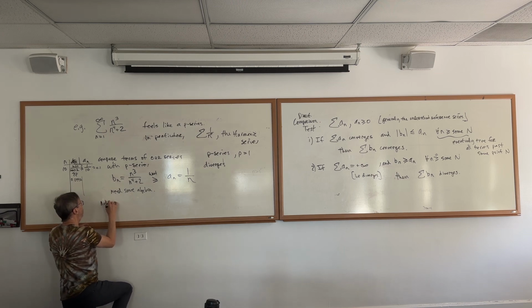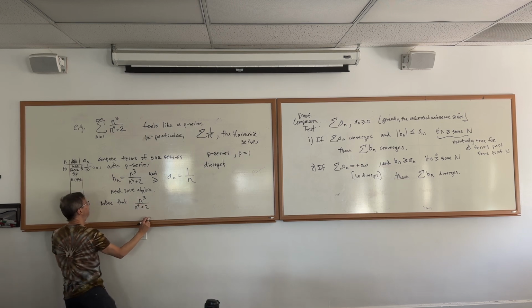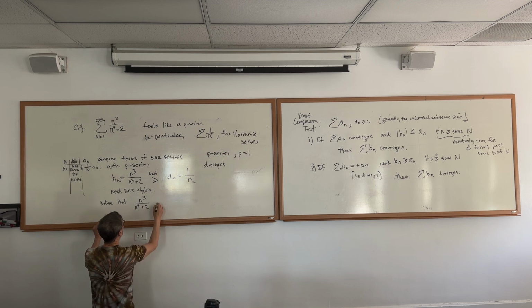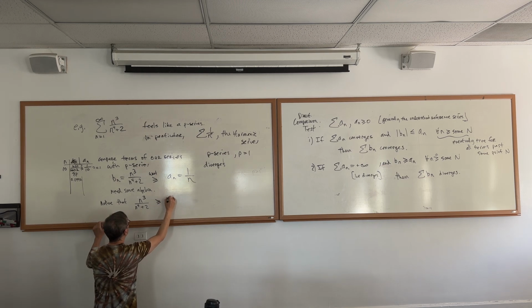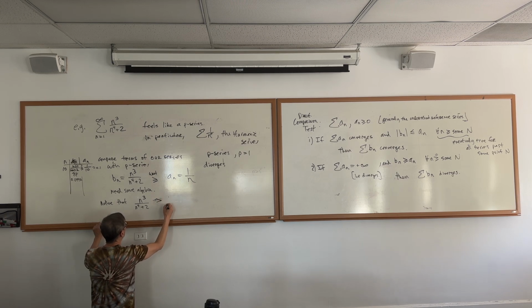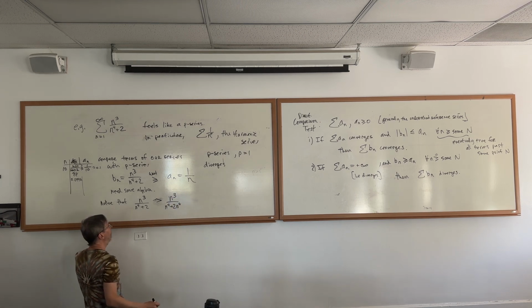Notice that n cubed over n to the 4th plus 2 is strictly bigger than n cubed over n to the 4th plus 2n to the 4th.